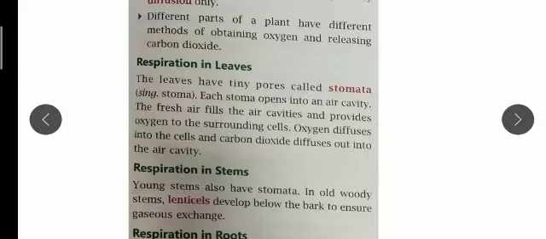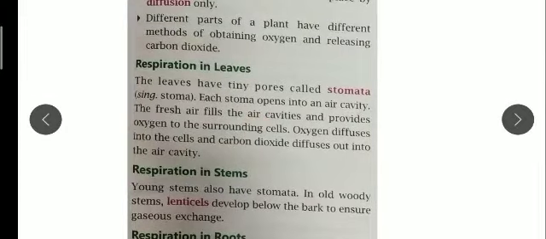Fresh air fills the air cavity from the atmosphere and provides oxygen to the surrounding cells also. With the help of these tiny pores, oxygen diffuses into the cells of the plant body, and carbon dioxide diffuses out. So for respiration, plants take in oxygen gas like us and release carbon dioxide gas.